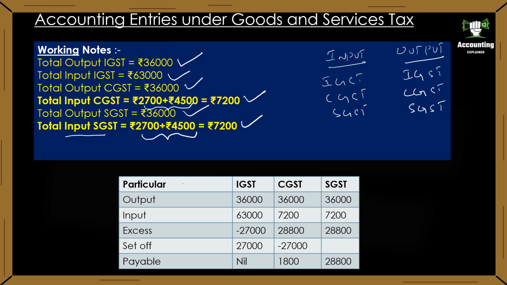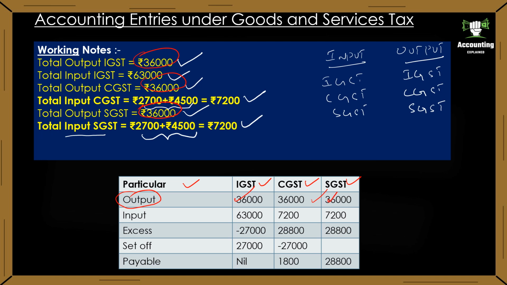Particulars, IGST, CGST and SGST are the four columns in the tabular column. First we are taking output. Output IGST is 36,000 rupees, output CGST is 36,000, output SGST is 36,000 rupees.